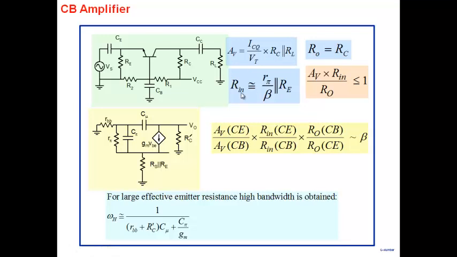As a comparison between the common emitter and common base, we said that in terms of the ability to provide gain, input and output resistance, a common emitter is better than common base by a factor of beta. So either the gain would be much better, or the input resistance or the output resistance, by a factor of beta.